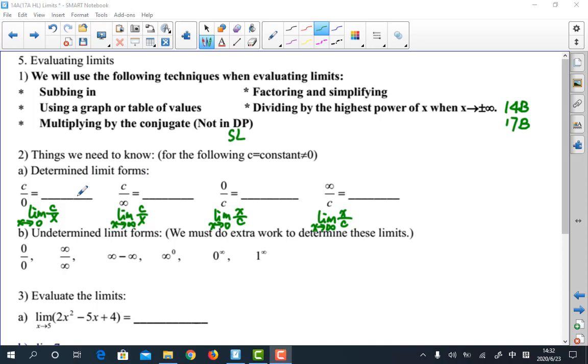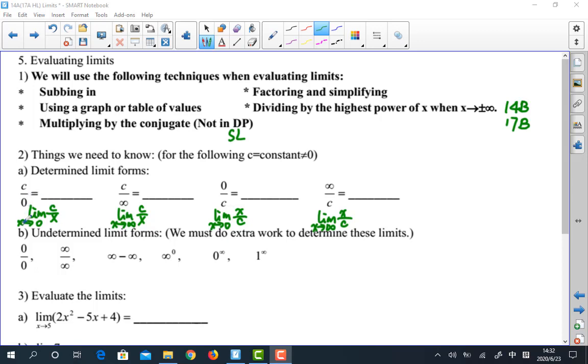If you can see a function is in the form, for example, c over x, so I'm looking for the limit value of c over x when x approaches 0. When you use sub-in, we use 0 to replace x. So this one is called a c over 0 form. c over 0 is called an indeterminate form.